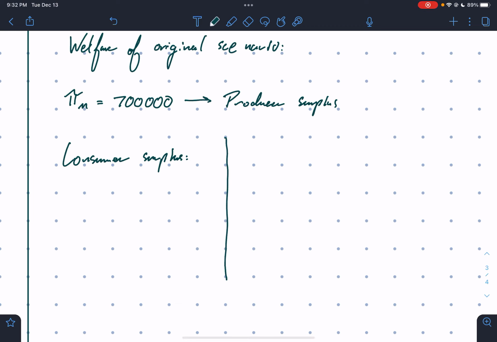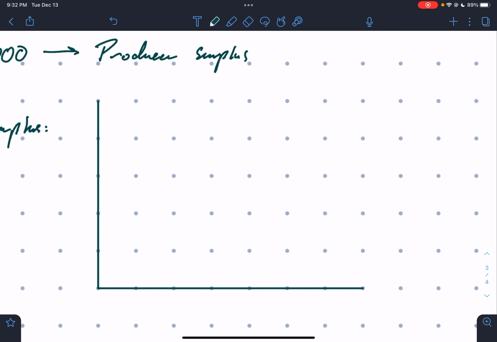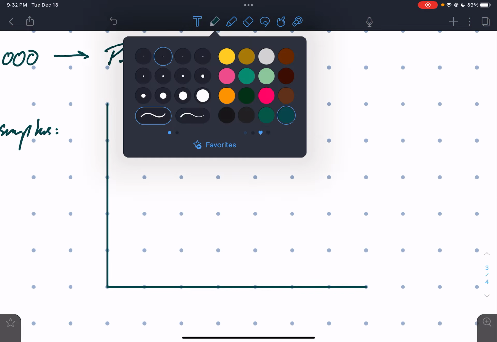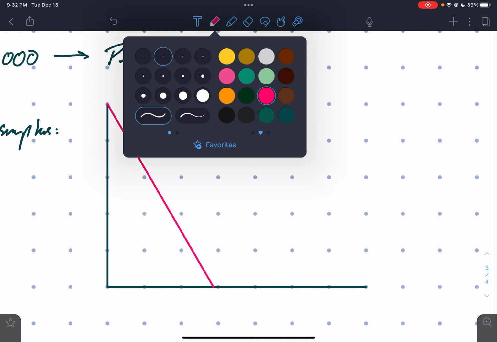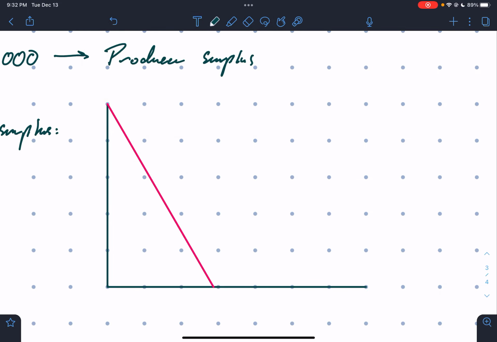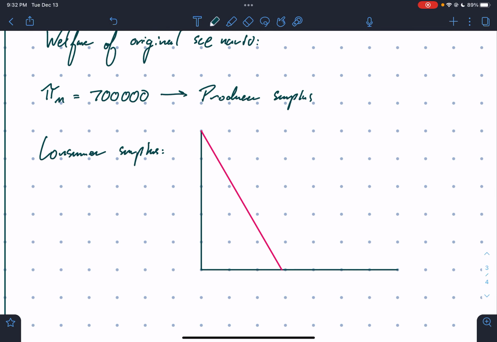So in a similar way, we're going to look at the consumer's demand function. They're paying a price of, sorry, I dropped my pencil. Price of $950. And the quantity was 1,100.